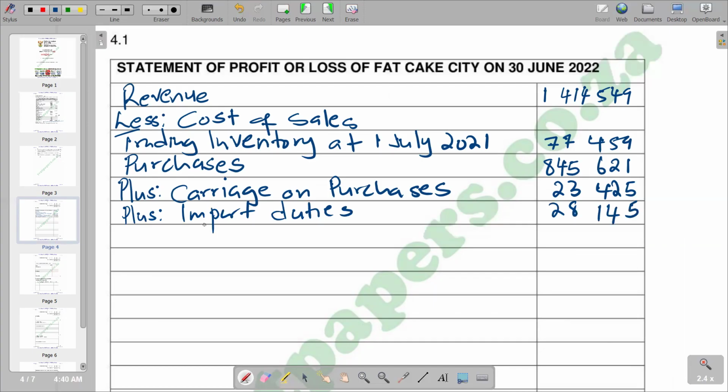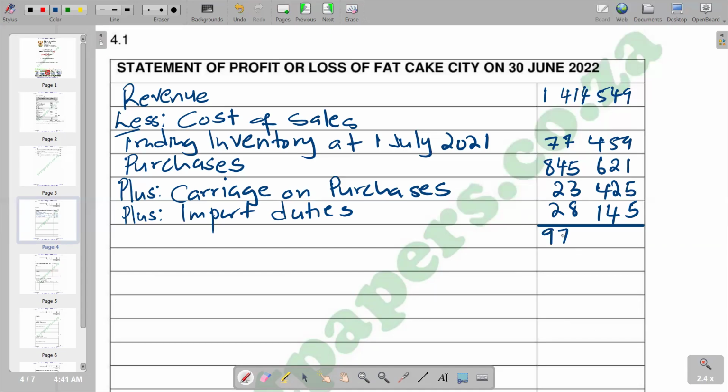And from there, we can now add to get the total, which is going to be inventory available for use. So here we can just show by putting a line so that we can add, whereby we add 77,459, we add 845,621, plus 23,425, plus 28,145.